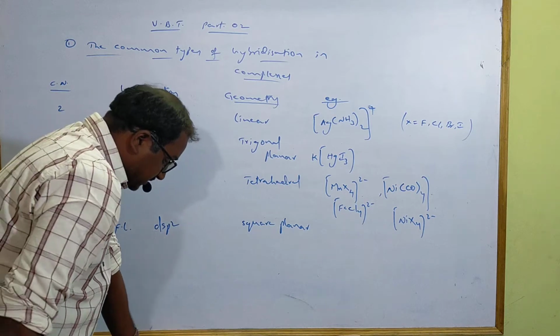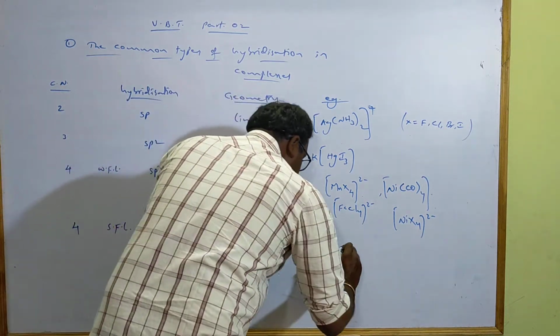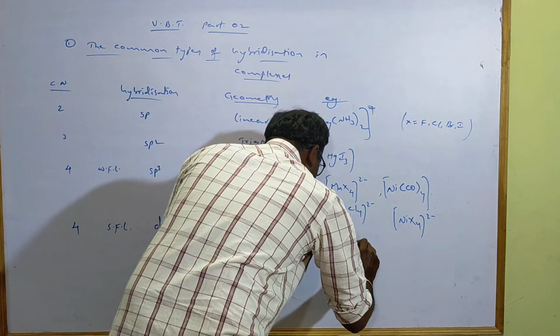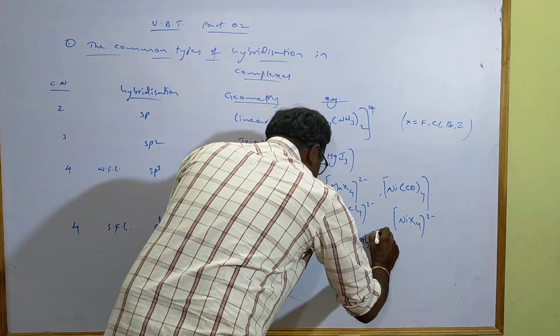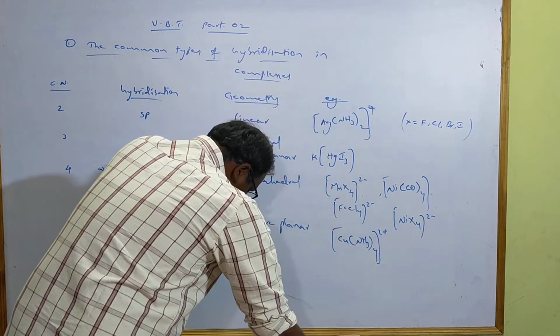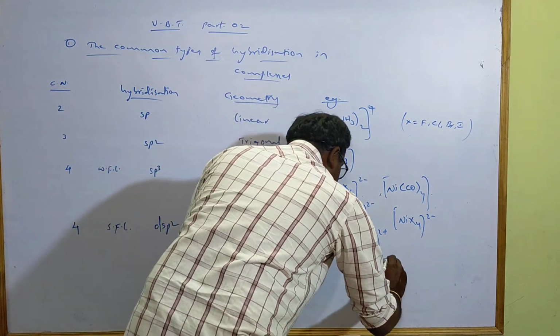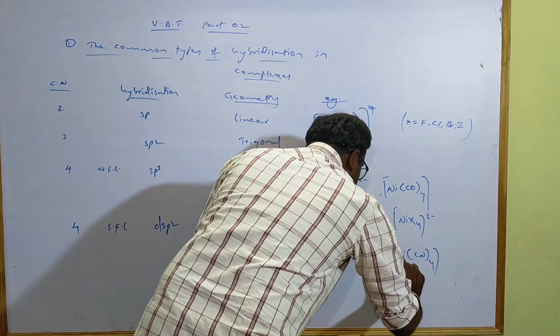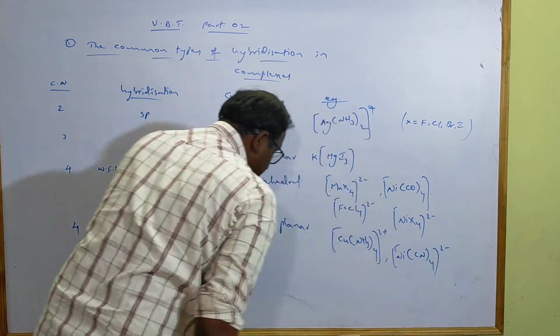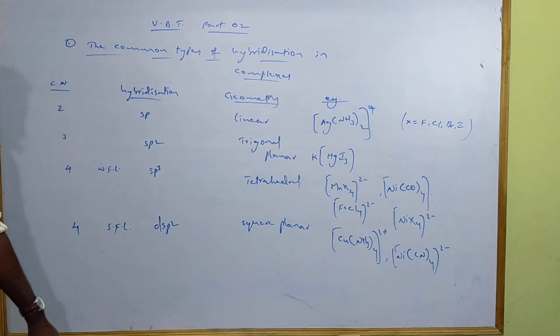The examples for this are [Cu(NH3)4]2+, NH3 strong field ligand, and another one is [Ni(CN)4]2 minus, nickel +2 oxidation state.